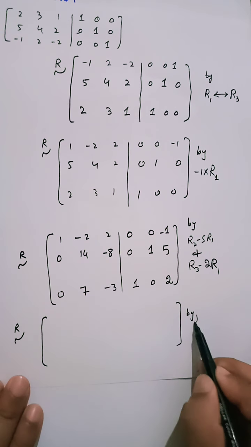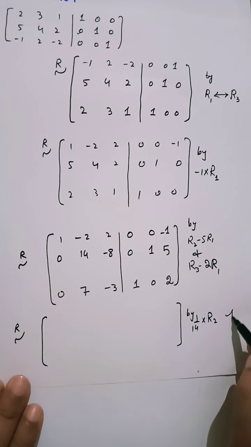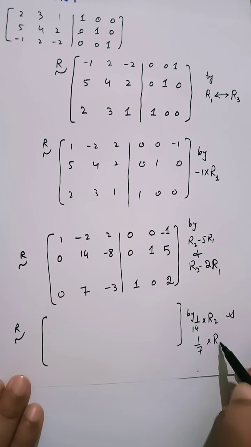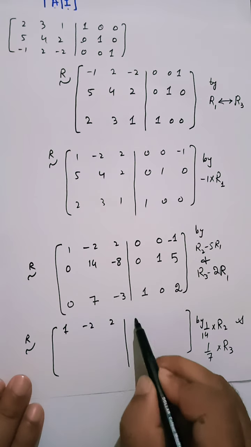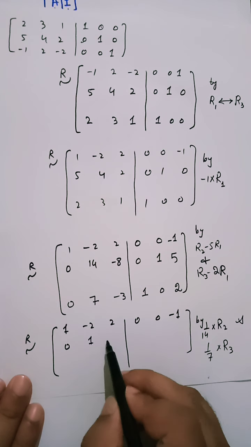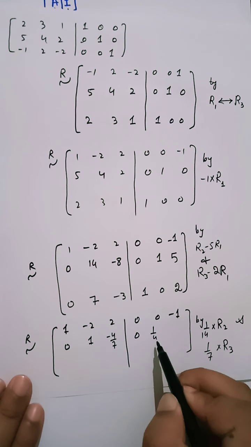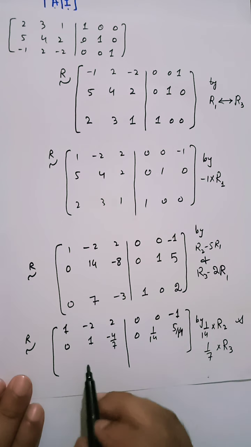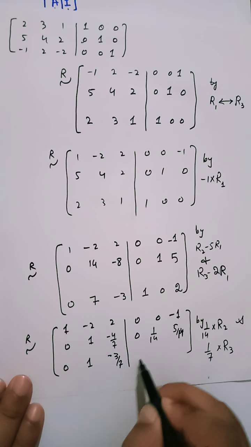So multiplying the second row by 1/14, sorry, and the third row by 1/7. So the first row will be written as it is, and all the elements of the second row will be divided by 14, and the elements of the third row are divided by 7. So we get this.